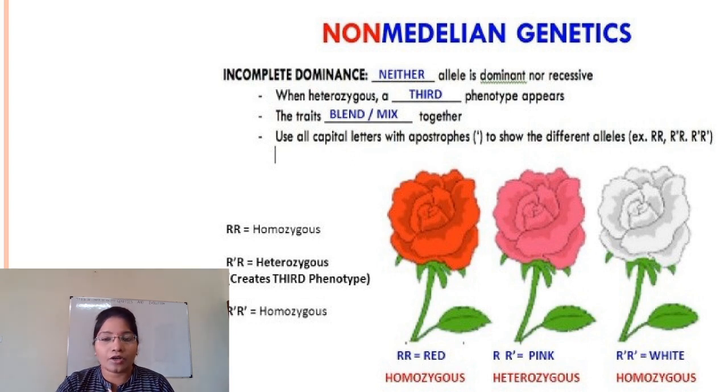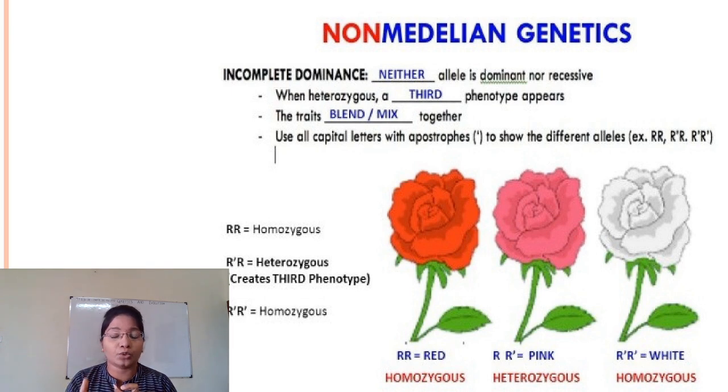According to Mendelism, the two alleles segregate independently, and also the inheritance of one character is independent of another character. But here in incomplete dominance, out of two alleles, neither allele is dominant and neither allele is recessive. When the two alleles are in heterozygous condition, they produce a different phenotype.